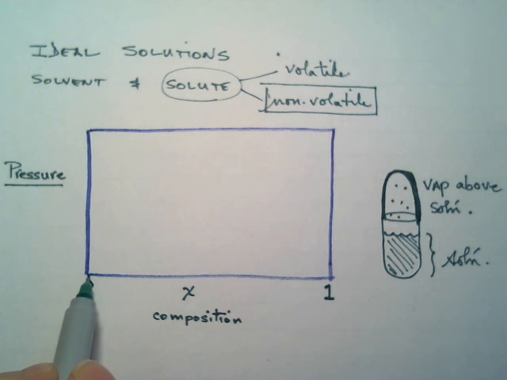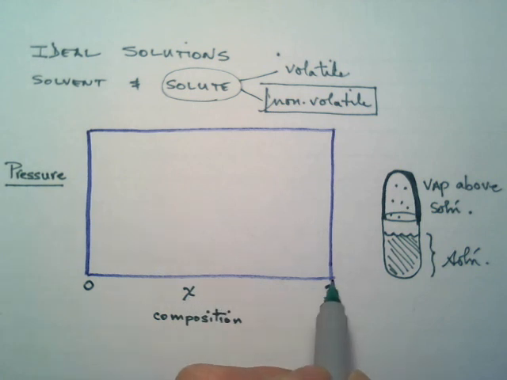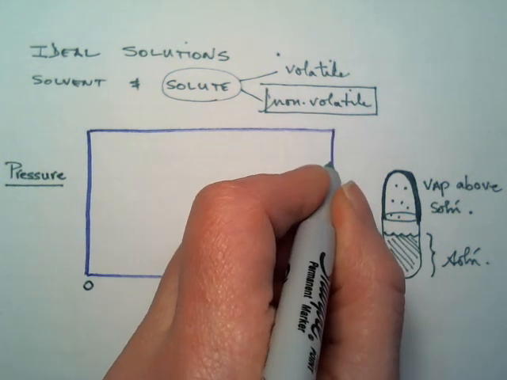and the vapor pressure above a mole fraction 1 for the solvent, which means that I have pure solvent, is actually going to be the vapor pressure of that pure component.